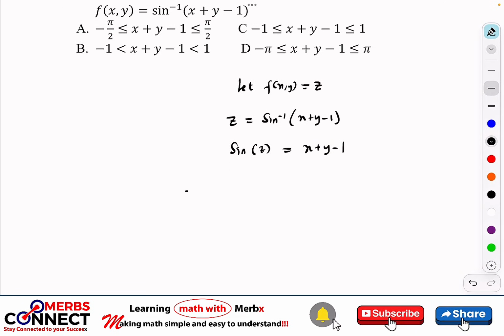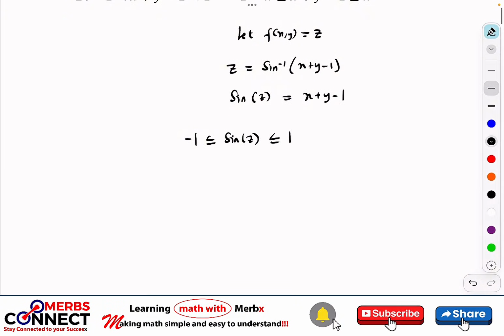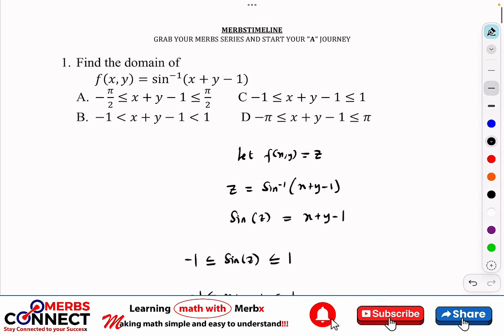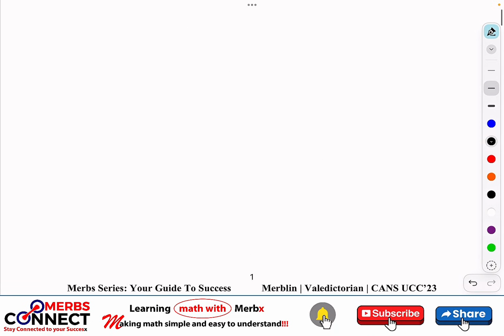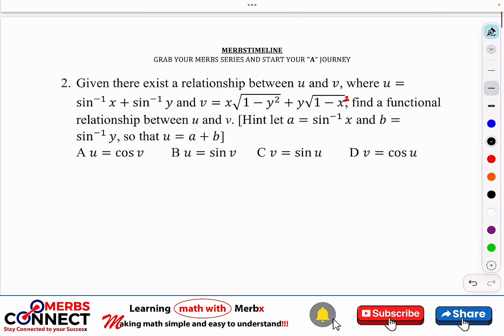It's going to be -1 less than or equal to sine z less than or equal to 1. And we know that this is the same as this. So we are going to have -1 less than or equal to x plus y minus 1 less than or equal to 1. And this is going to be c. Very simple with this one. Please make sure that you follow along so that you understand how to solve it, right?